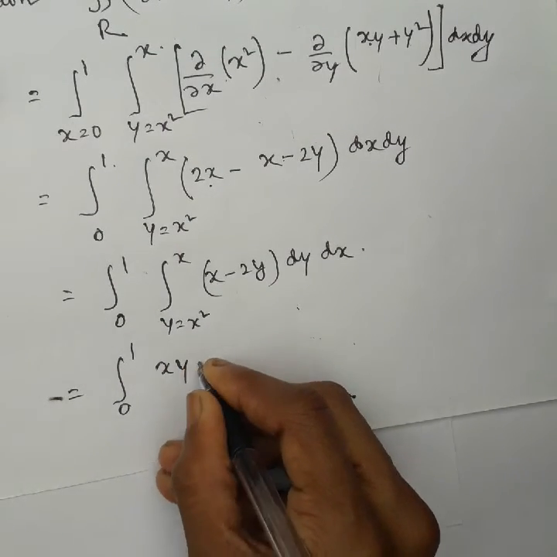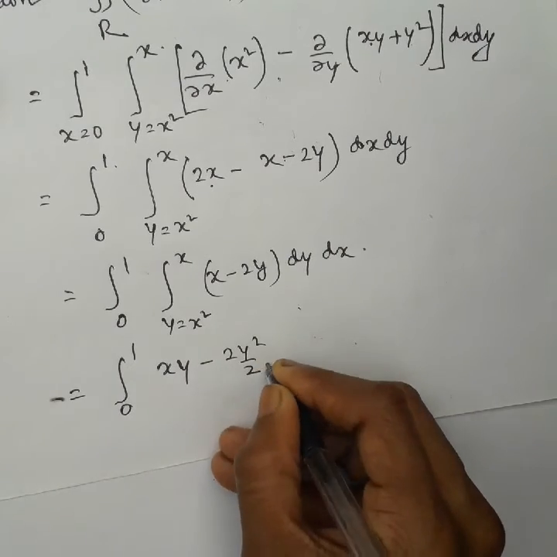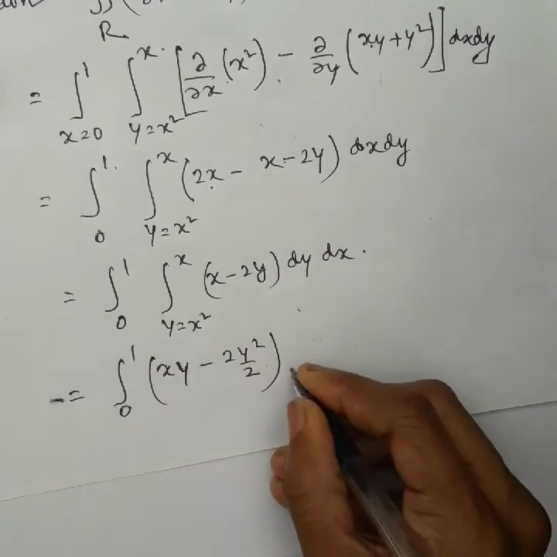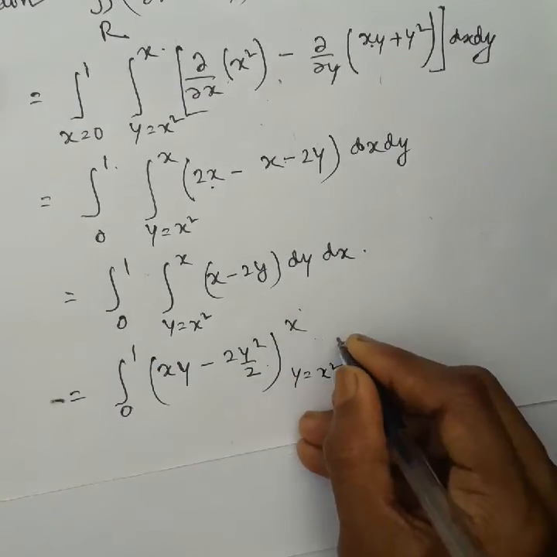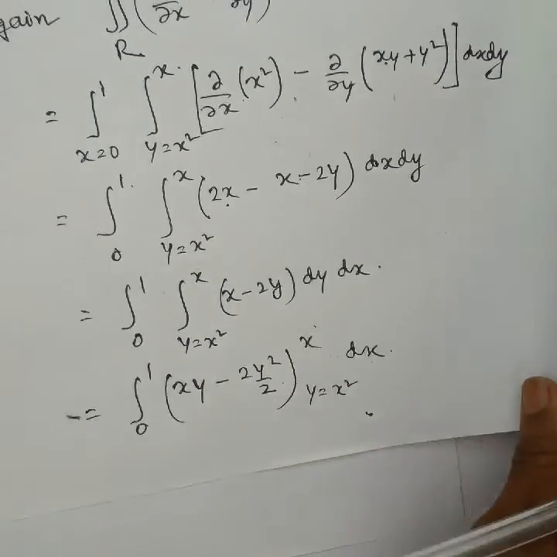After integrating, it is xy minus 2y square by 2, from x square to x, dx.